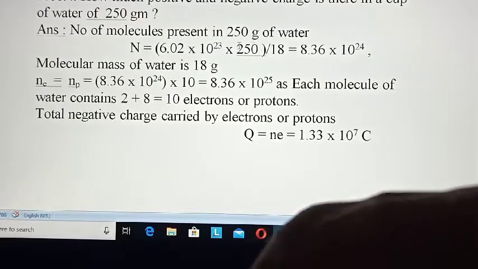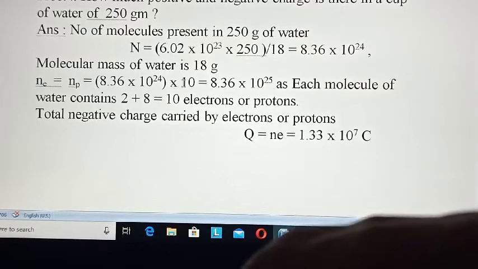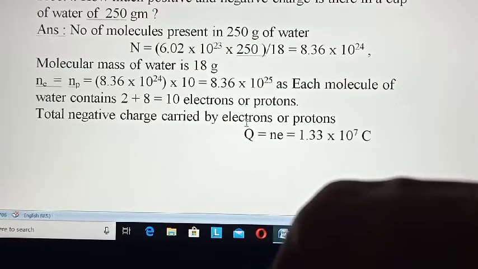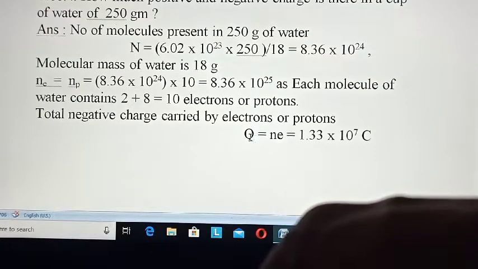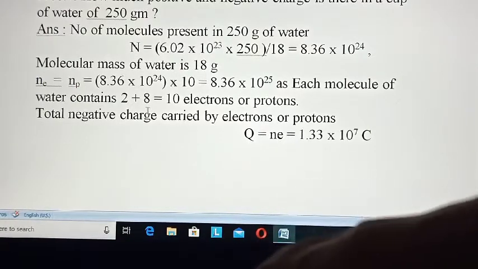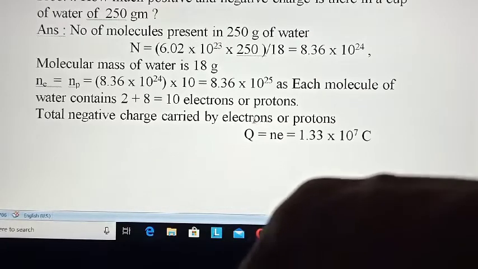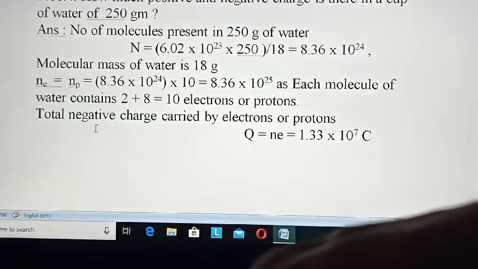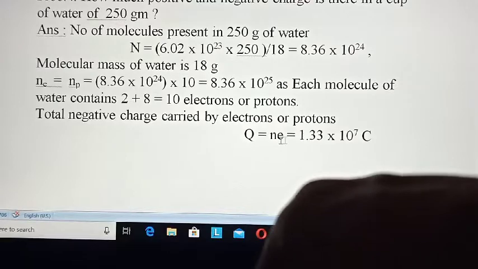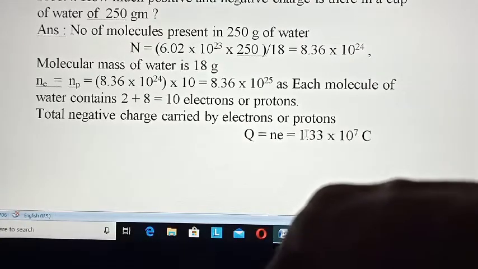So the result comes out like this. The total charge carried by electrons or protons, Q is equal to Ne. Definitely for electron it will be negative, for proton it will be positive. So Q is equal to this value, negative for electron and positive for proton.